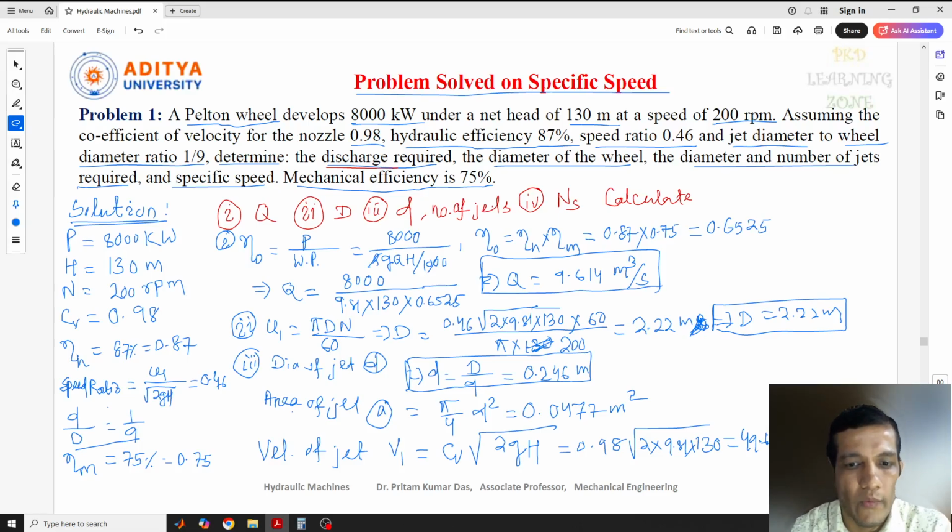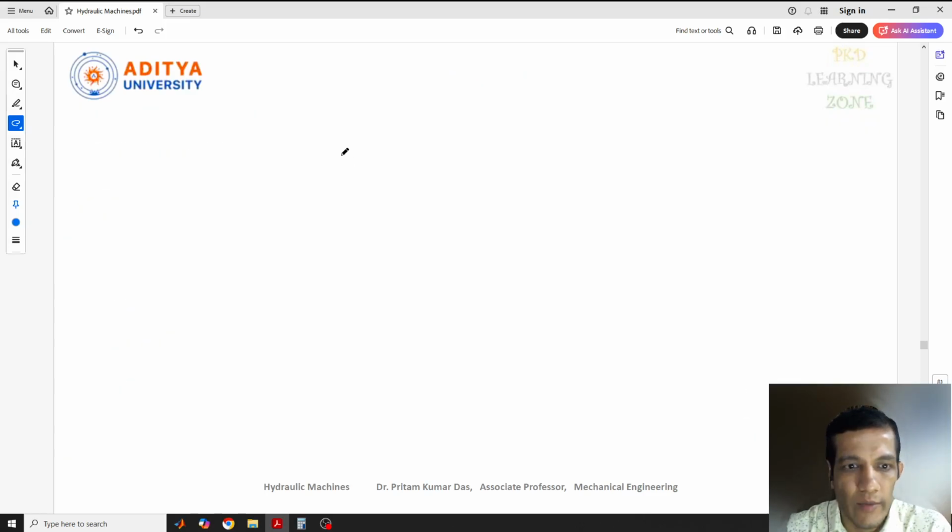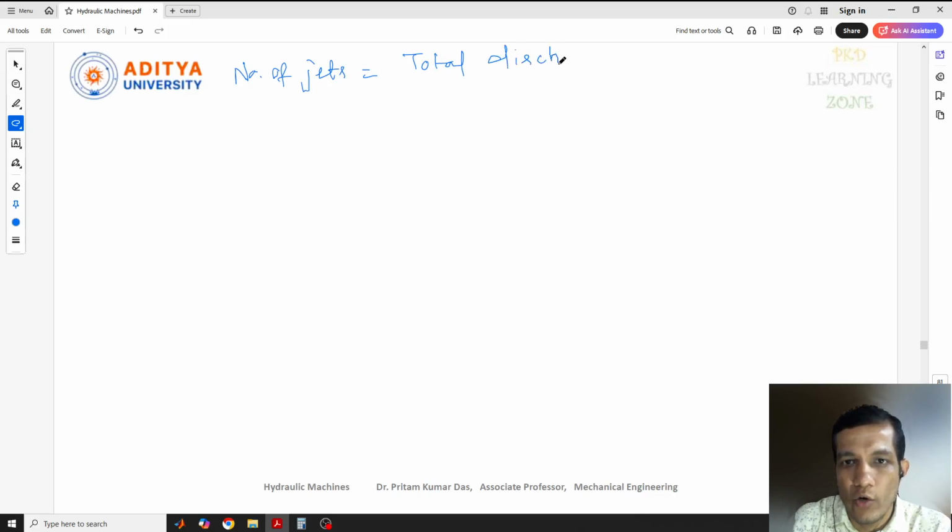Now we need to calculate the number of jets. That's why I have identified this one. The formula for the number of jets, if you remember, previously also I told you, is the total discharge divided by the discharge through jets.